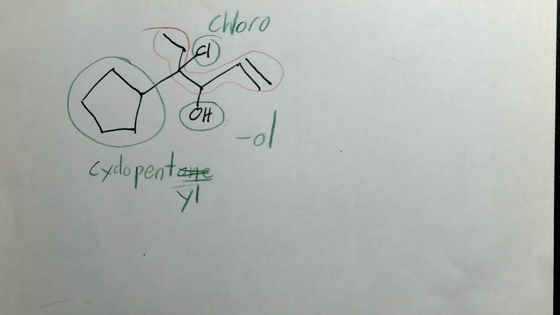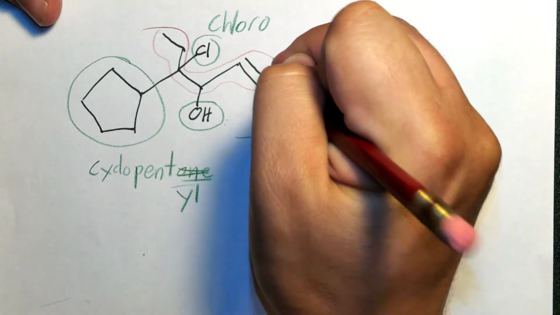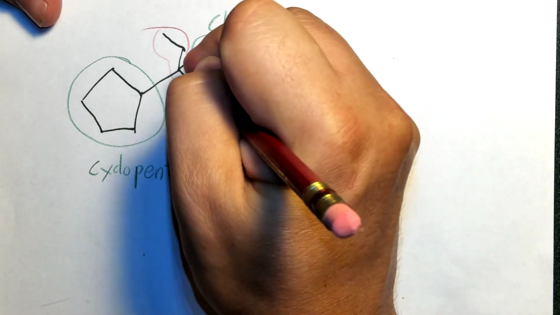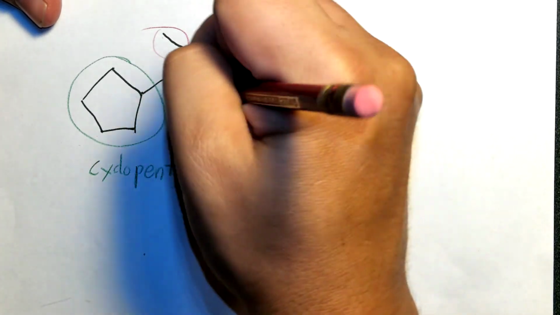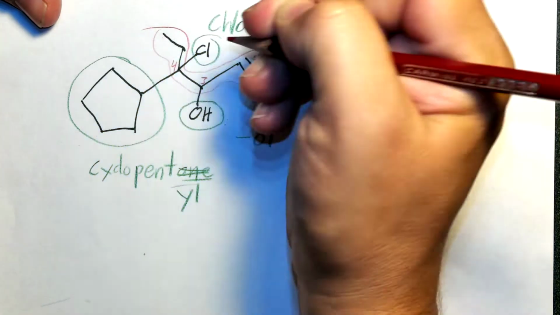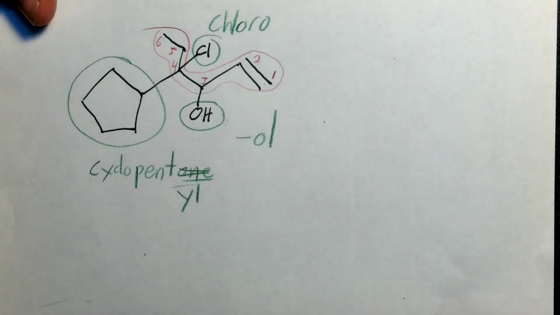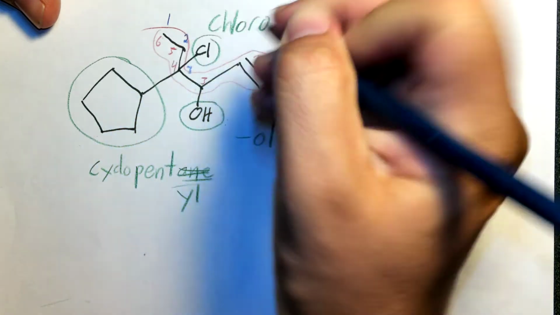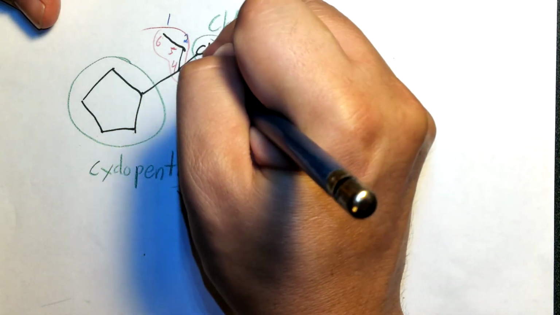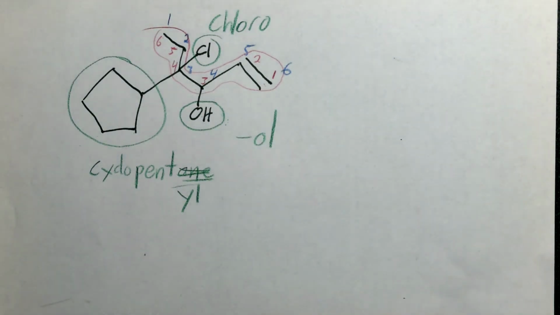Now we have to determine the numbering. Is the numbering going to be 1, 2, 3, 4, 5, 6? Or is the numbering going to be 1, 2, 3, 4, 5, 6?